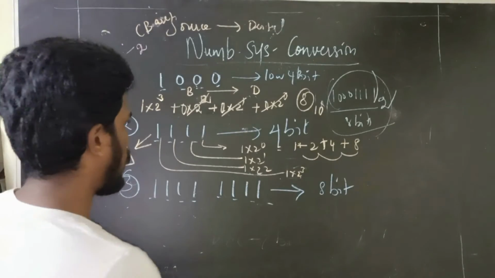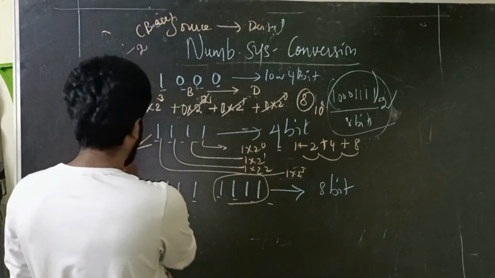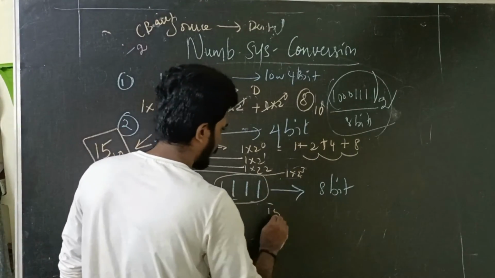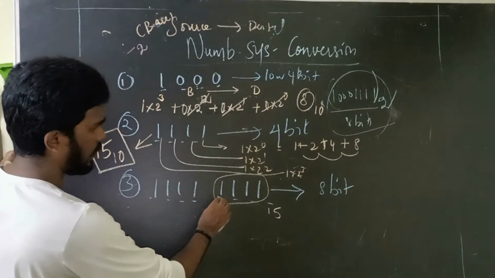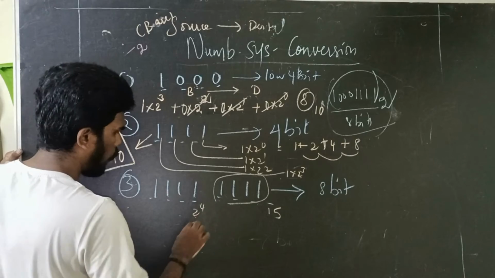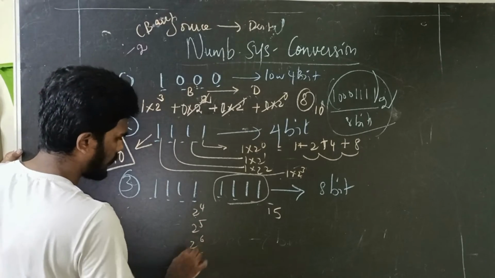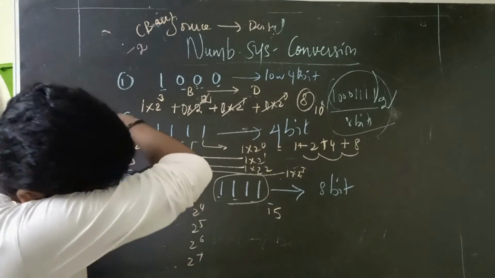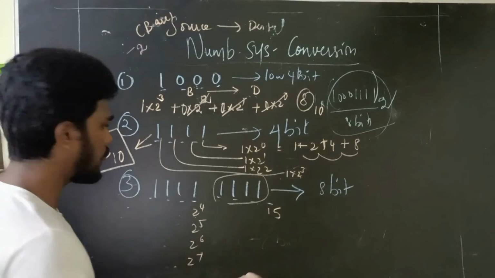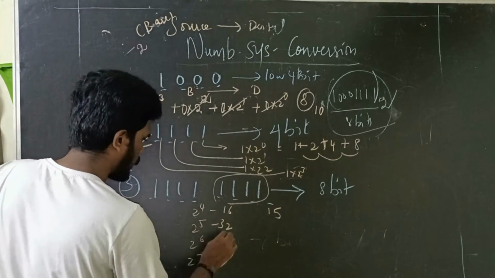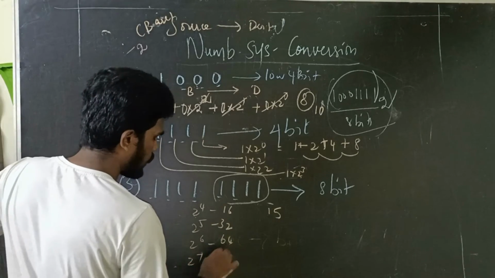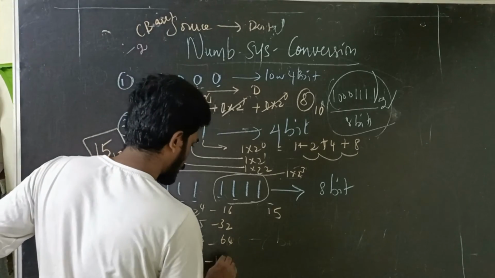Now let's work out the greatest 8-bit number. Until this fourth bit, we are going to get the sum as 15. Same thing, from here we implement 1 into 2 to the power 4, 2 to the power 5, 2 to the power 6, 2 to the power 7. So we need to calculate this. 2 to the 4 is 16, 32, 32 into 2 is 64, 64 into 2 is 128.